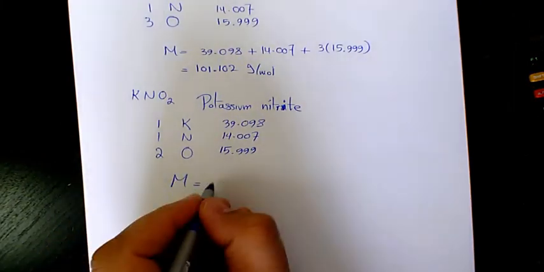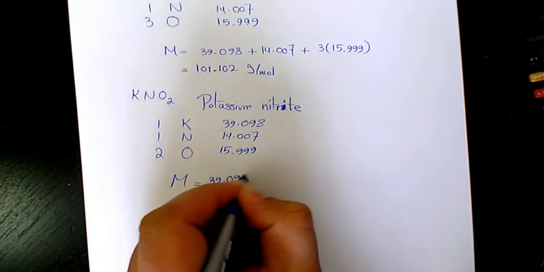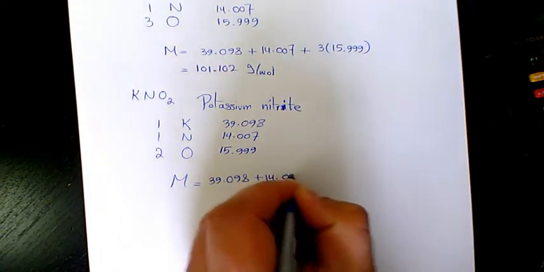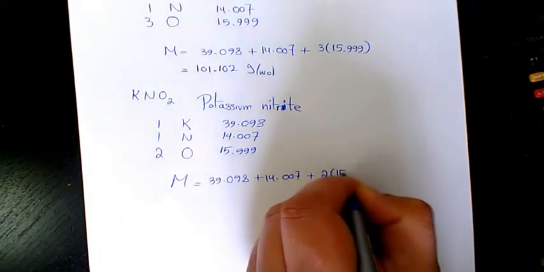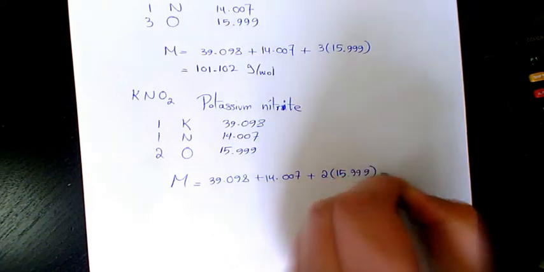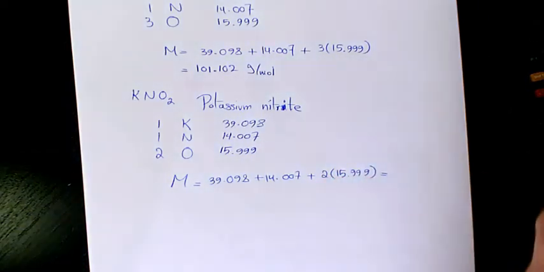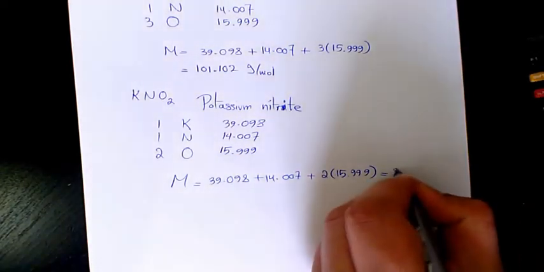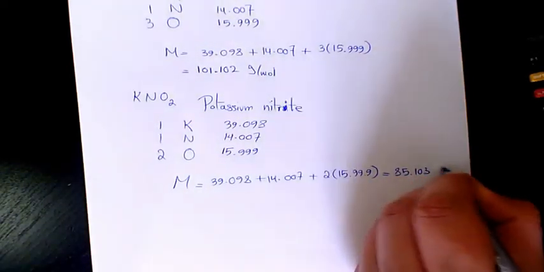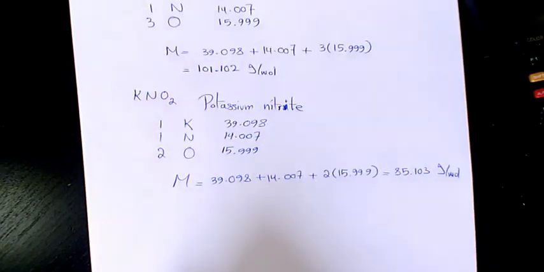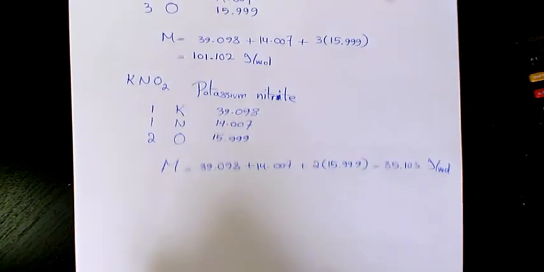That's going to give me 39.098 plus 14.007 plus 2 times 15.999. It's going to be 85.103 grams per mole, the molar mass of potassium nitrite.